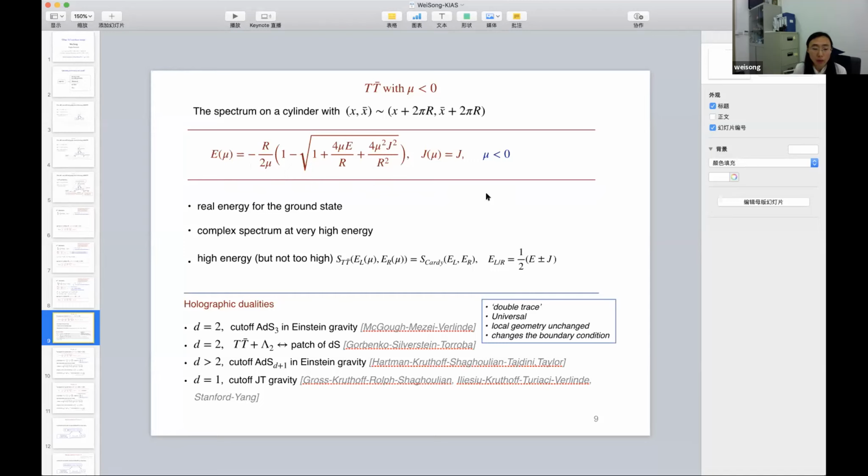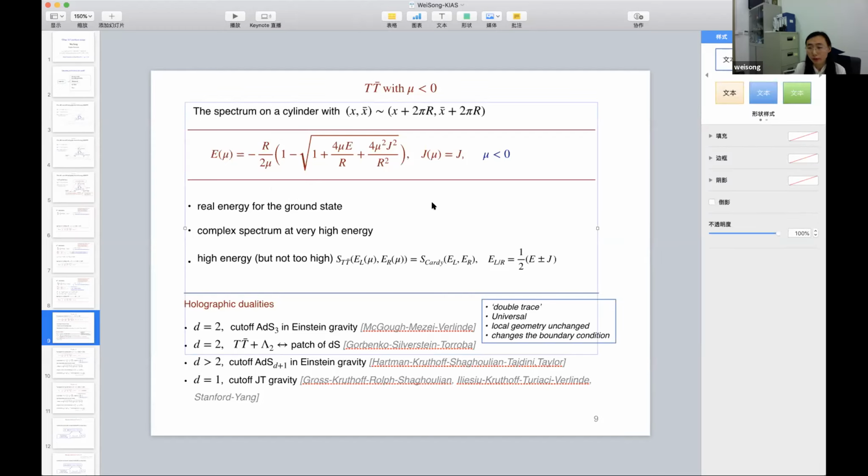One can also observe that in the deformed spectrum, the energy levels don't cross, so we can suppose that before the deformation, we are in the Cardy regime. Then after the deformation, we will know how the density can be expressed in terms of the deformed energy.